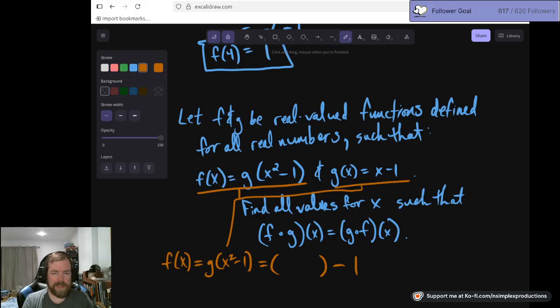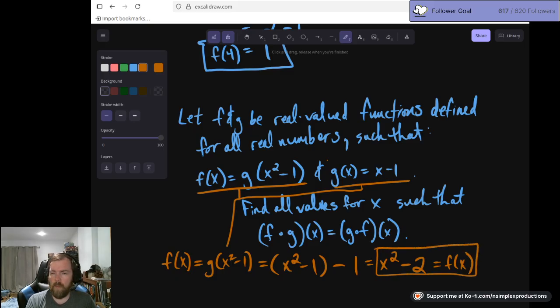This x squared minus 1 as a whole is going to get shoved in here, which is then going to be x squared minus 2. So x squared minus 1 minus 1, x squared minus 2. Okay, so f of x is equal to that. And g of x was always just x minus 1.